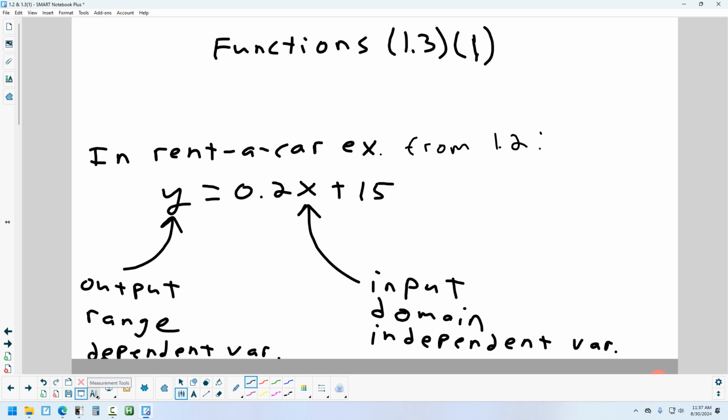And I told you that the x is always the independent variable. Y is always the dependent. Okay, well there's a few different names for the x and the y. Another name is the input and the output, or the domain and the range. And we're gonna talk a lot about domain and range.